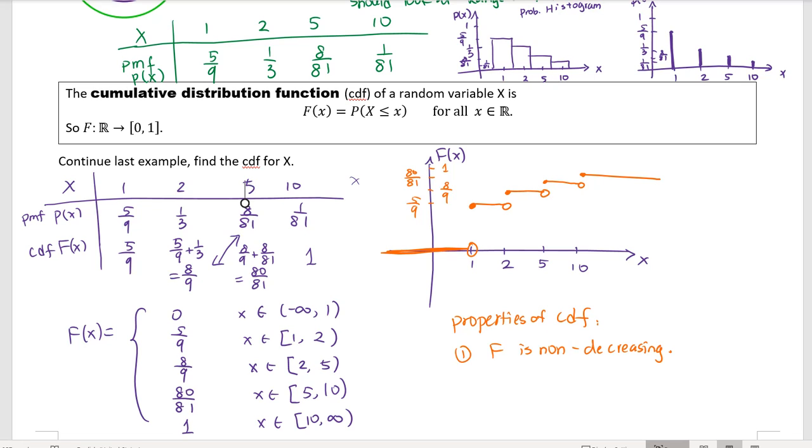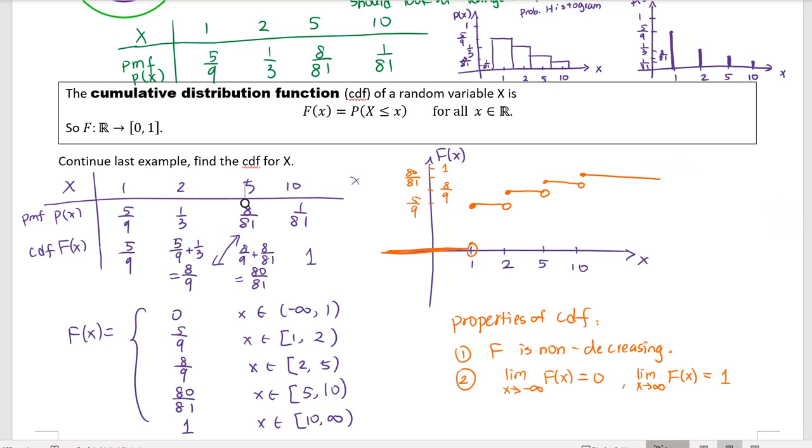And you can see F is positive, and F is also smaller or equal to 1. Furthermore, when x goes to -infinity, the limit is 0. And on the other side, if x goes to infinity, the limit is 1.